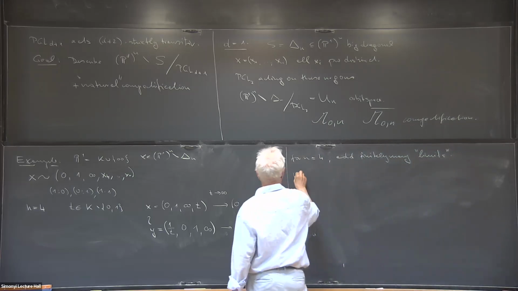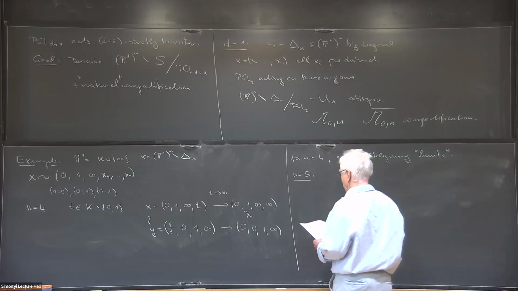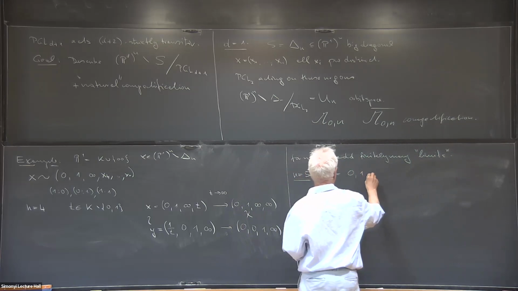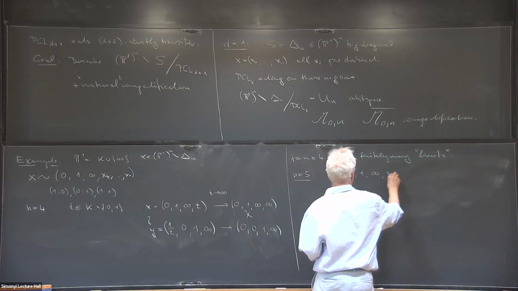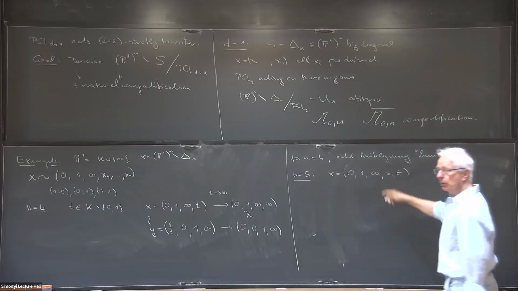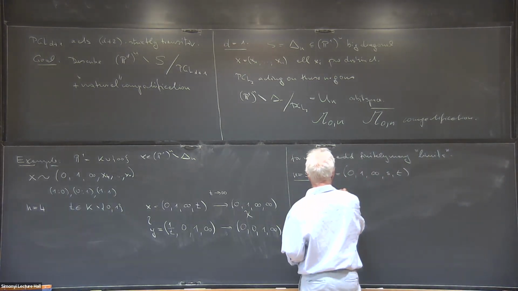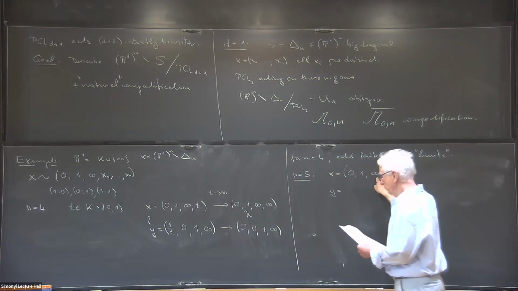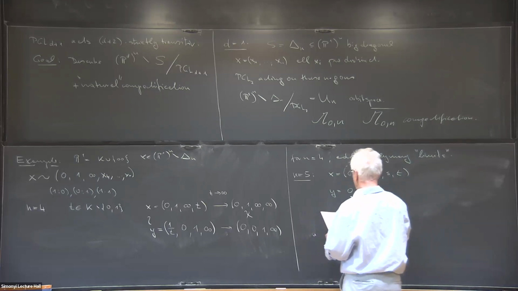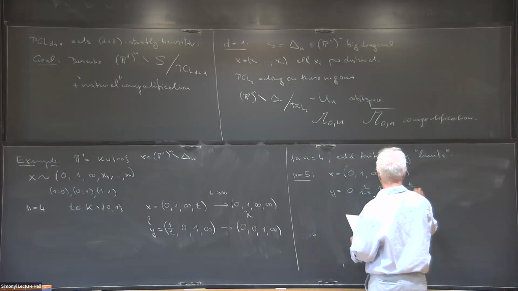Now let's take n equals 5. That's already a little bit more delicate. So we have x equals, now I write it again, 0, 1, infinity, and now 2 parameters s and t. Again, different from 0, 1, and infinity. And if I reorder these special values, I want to have them here, then 1, 1 minus s, 1, infinity, and t minus s.